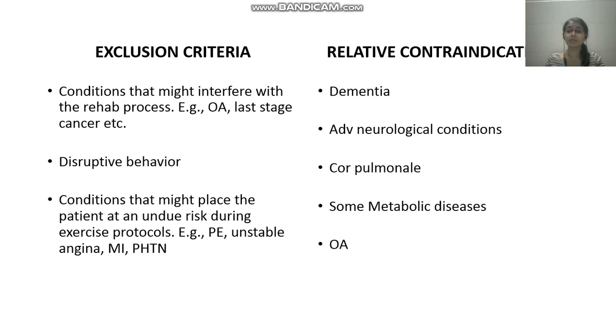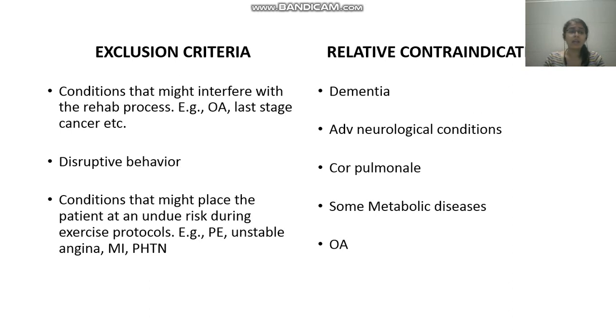Obviously they are not going to respond well to the entire therapy, so there you will require psychological interventions along with your physiotherapy interventions.